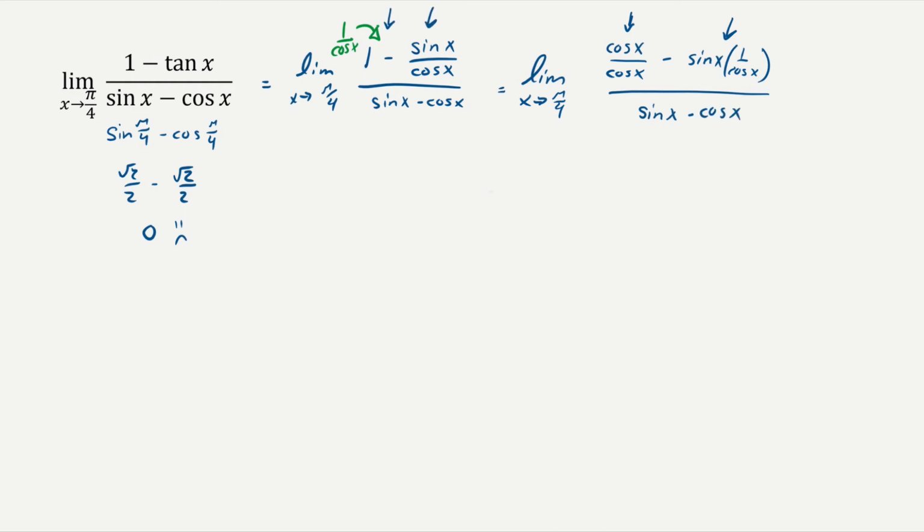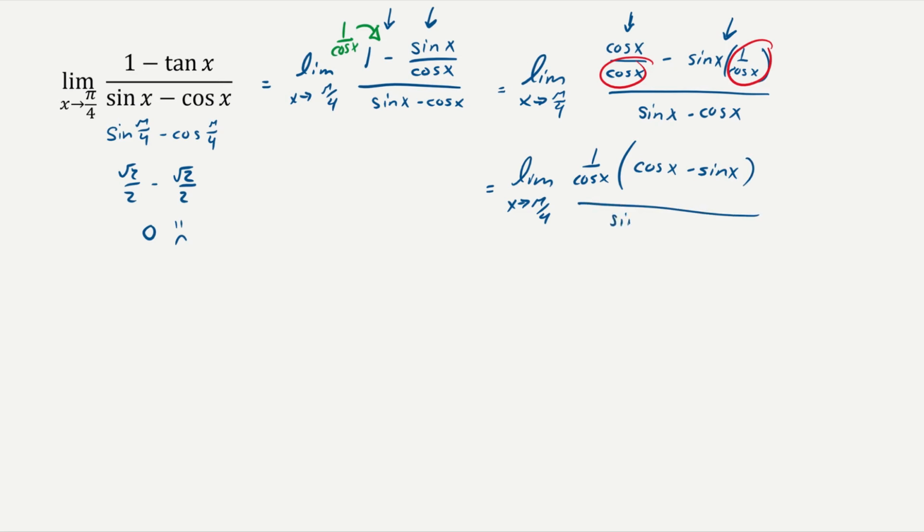It's just when I write it like this, and now when I factor out a 1 over cosine x from the top, we can see what's left. So if I factor a 1 over cosine x, that takes that out of the equation, and that takes that out of the equation, leaving me just cosine x minus sine x, all divided by sine x minus cosine x.